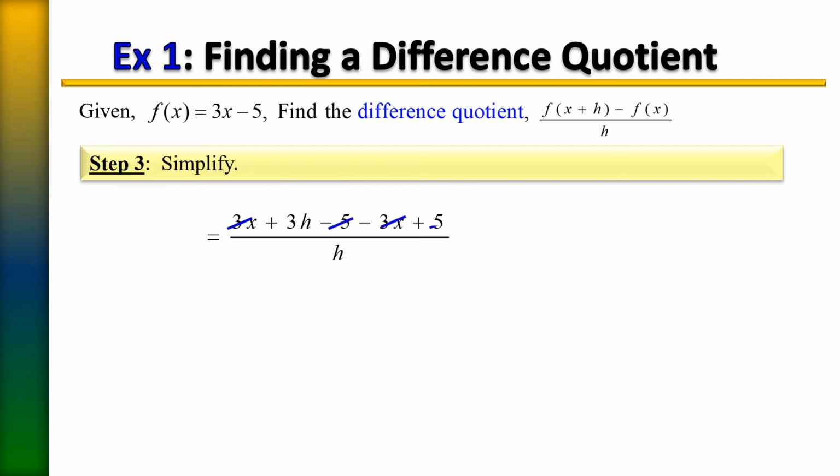If you don't have terms that cancel out, then you probably did something wrong somewhere in your math. So once we take away those terms, what we're left with here is 3h over h. We can then cancel out the common factor of h, and what we're left with is simply 3.